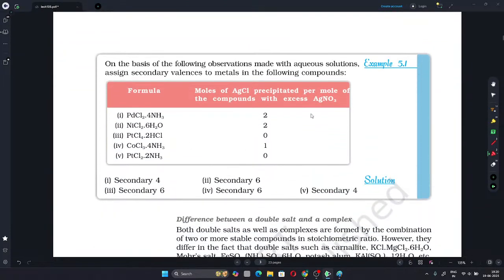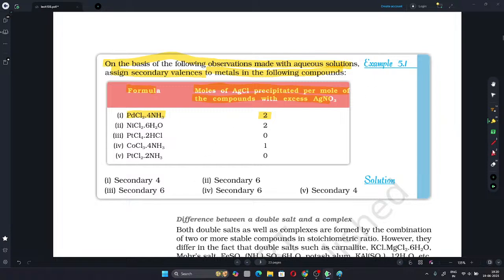Here's an example question. On the basis of the following observation made with aqueous solution, assign the secondary valences to metals in the following compounds. Formula: moles of AgCl precipitated per mole of the compounds with excess AgNO3. PdCl2·4NH3, 2.